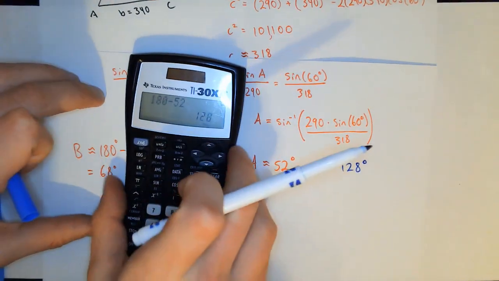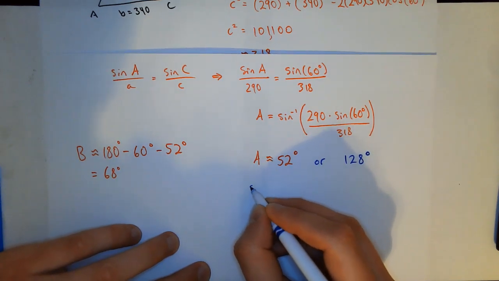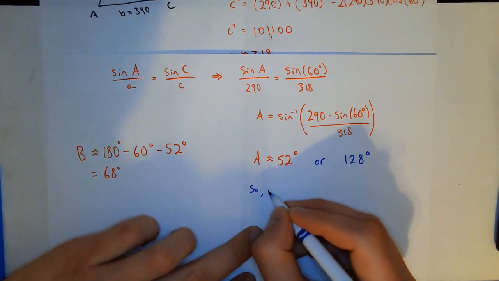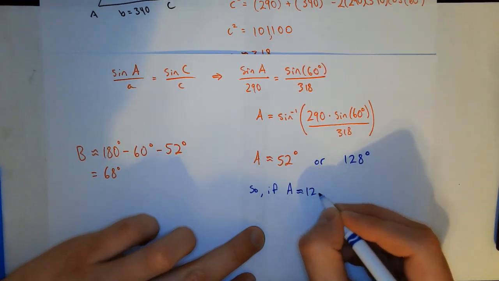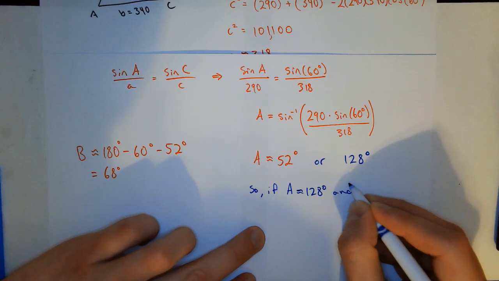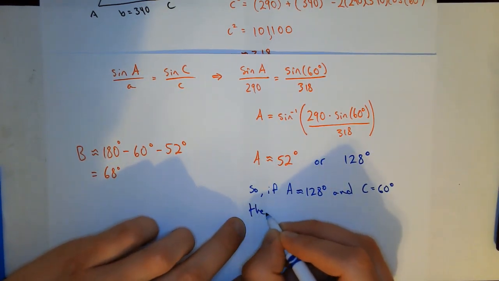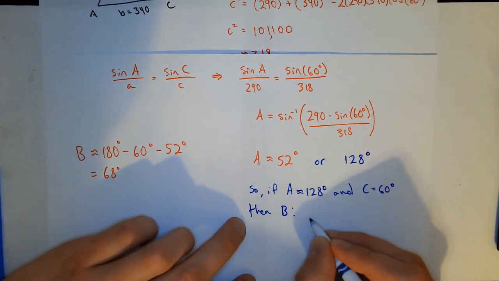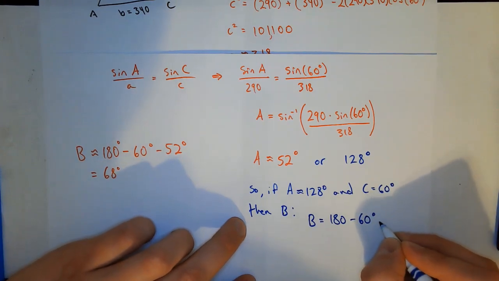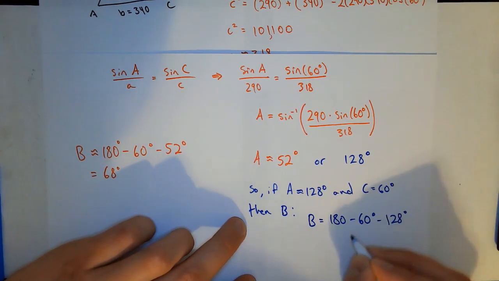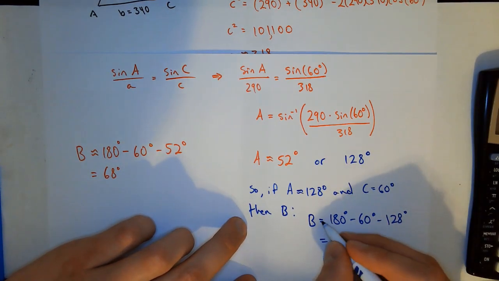Let me show you a little bit more explicitly. So if A is approximately 128 degrees and C is equal to 60 degrees, then B is equal to 180 minus 60 minus 128 degrees, approximately, since I've been rounding.